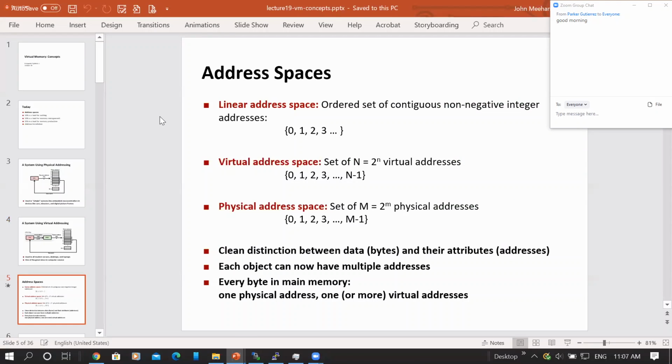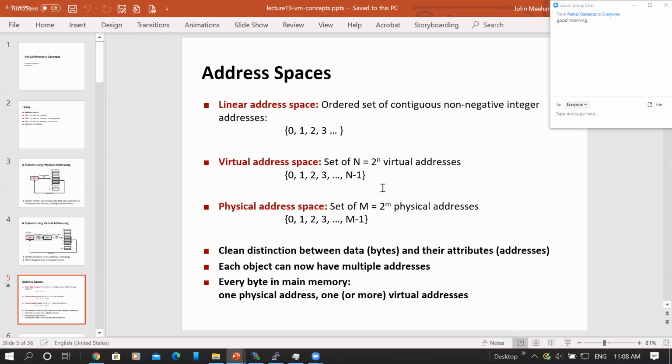So we think about memory as being this big, huge linear array of locations. And we can think of that in both virtual addresses and in physical addresses. So we'll talk about the virtual address space of a process. If we had n bits of address, then we could have 2 to the n addresses, right?